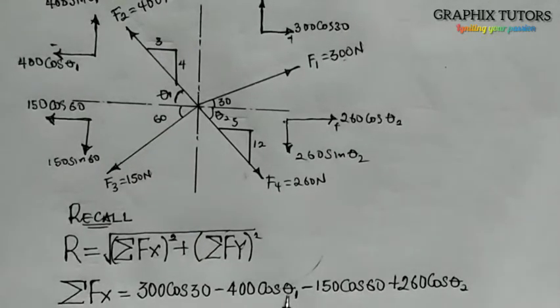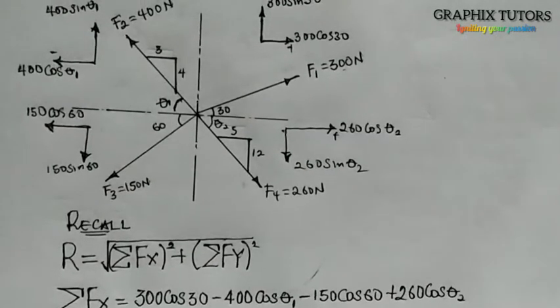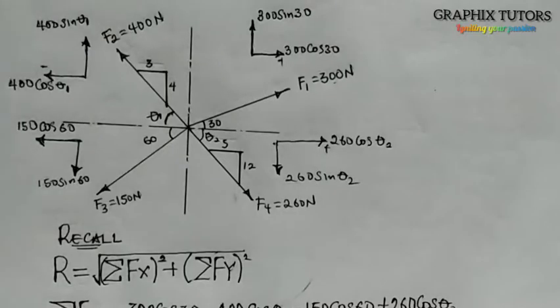But we don't know what theta 1 is, and we don't know what theta 2 is. So what we are going to do is that we want to calculate for theta 1. So I'll just put it this way. I'll write, calculating, or better still, I can do it somewhere in my book, or let's just move.